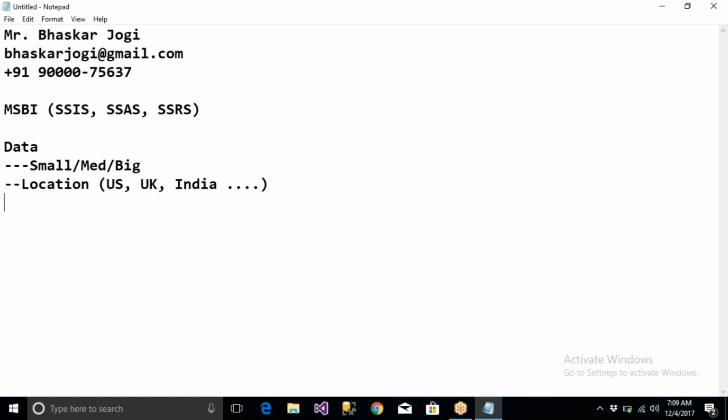When you ask them what is the environment or the platform in which the data is available, some data may be available in books, some data may be available in Excel sheets, some data may be available in SAP, mainframe.